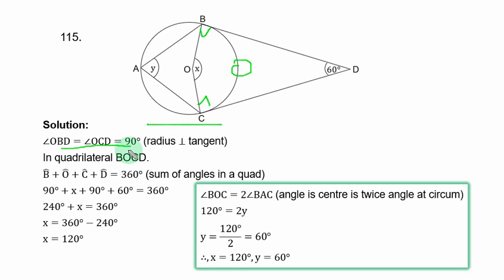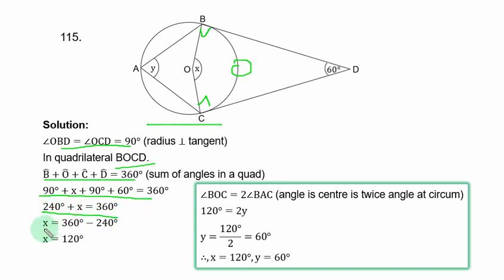To get S, we can now consider the quadrilateral BOCD. If you add all the angles in the quadrilateral, the sum is equal to 360 degrees. You replace the known angles and you have it in this form and this result.